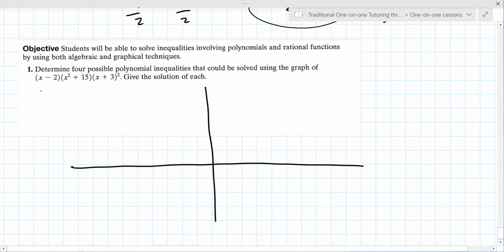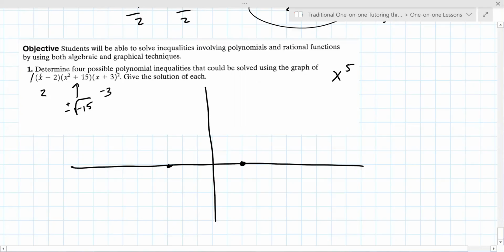So there's a 0 at 2 and -3. There's one at 2, there's one at -3, and these are at plus or minus the square root of -15, which does not exist. And then what's the end behavior here? So it's x to the 1 times x squared times another x squared. So it's an x to the 5th.